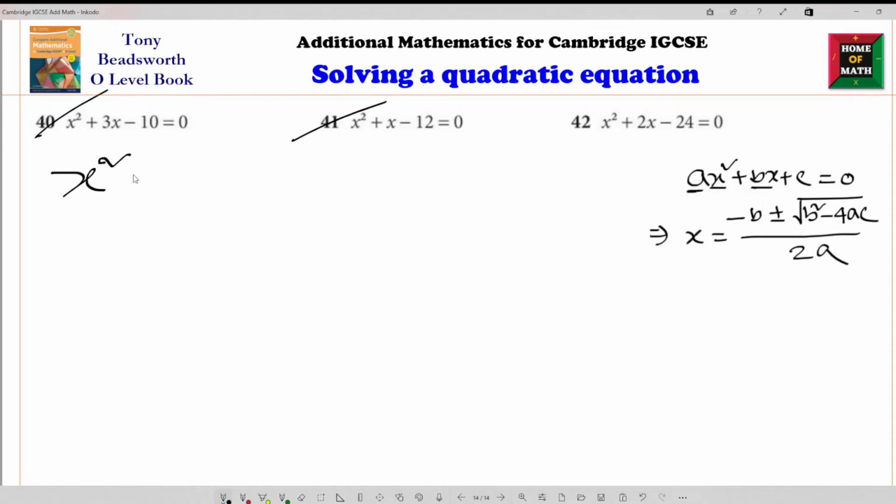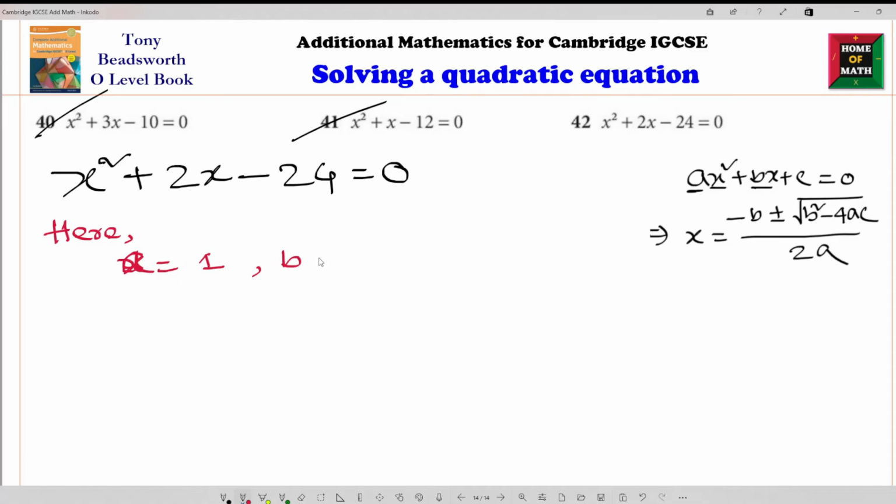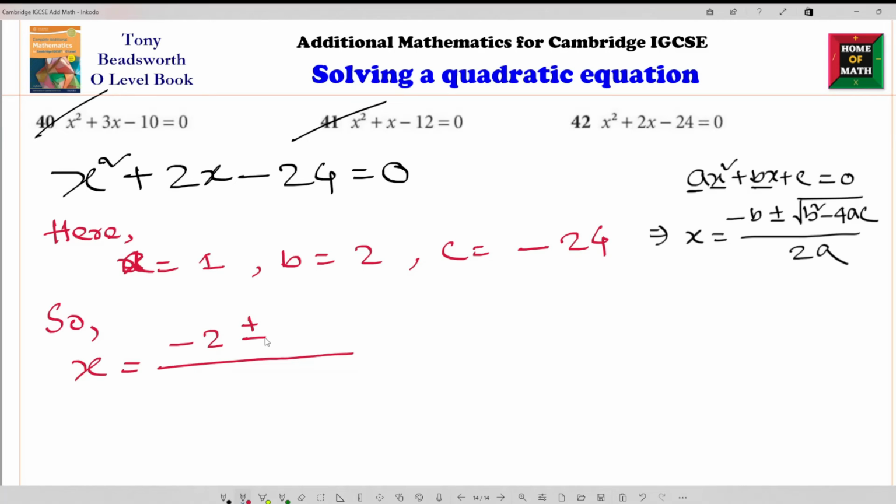So x squared plus 2x minus 24 equals 0. So in this case here, a equals 1, b equals 2 and c equals minus 24. So x equals, the theory is minus b, so minus b means minus 2, then plus or minus root over b squared, it means 2 squared, minus 4ac, 4, a means 1 and c means minus 24, right?